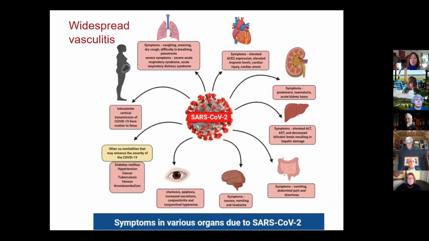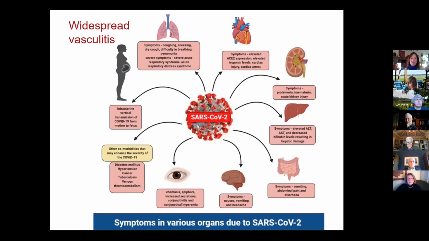And what's unique about SARS-CoV-2 is that it can affect any part of your body. The reason for that is it causes something called widespread vasculitis. Any word that ends in itis means the inflammation of, like conjunctivitis or bronchitis. It's an inflammation of those body parts. Well, your vascular system is your blood vessel system.